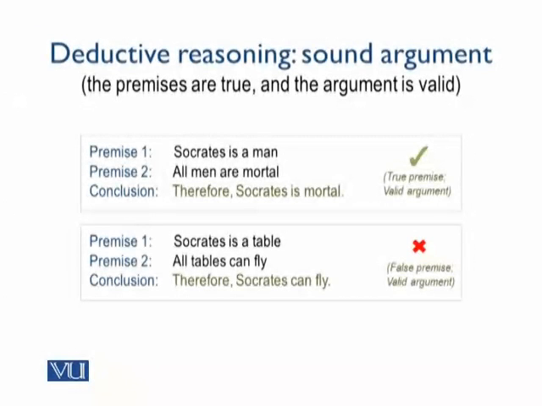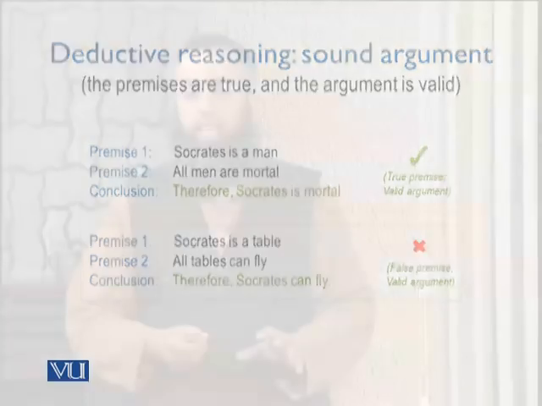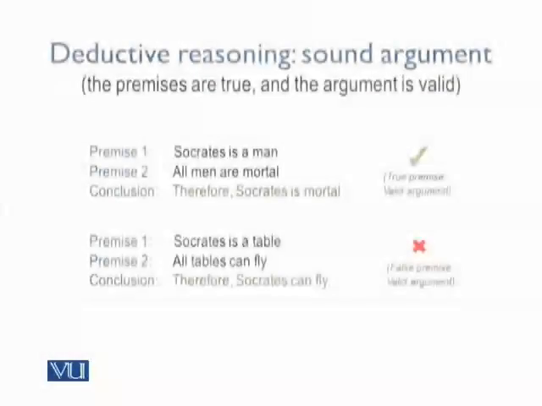Socrates is a table. All tables can fly. Therefore, Socrates can fly. So this was an example I gave you earlier when we were talking of valid arguments, in which the premises do not necessarily have to reflect reality. But when we're talking of sound arguments, the premises have to reflect reality.